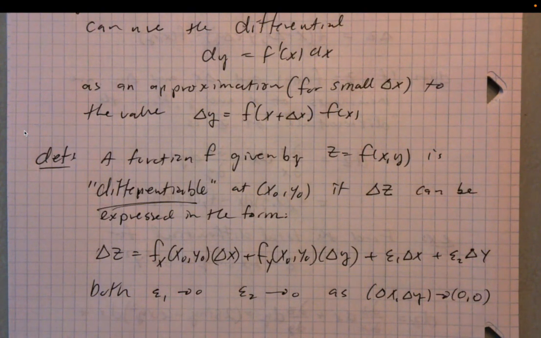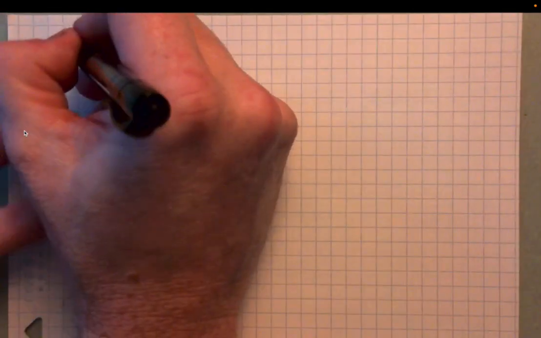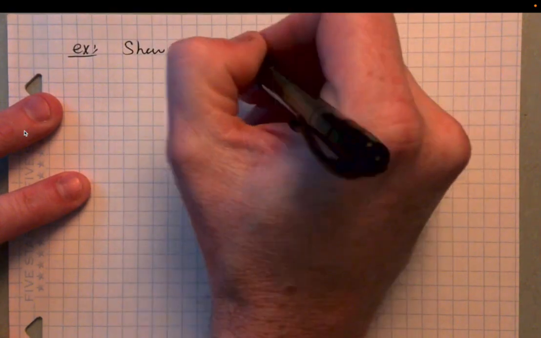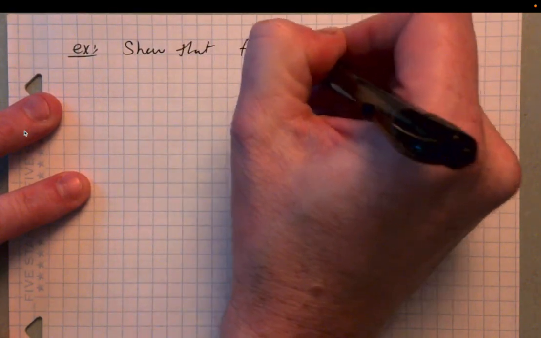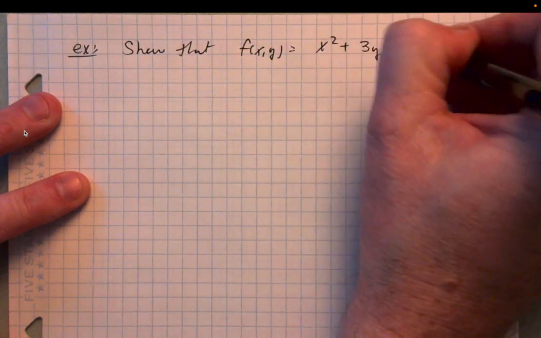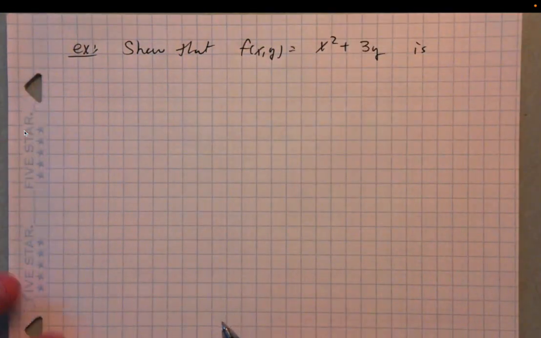Okay. So let's do an example where we show that a particular function is differentiable. Let's show that f of x, y equaling x squared plus 3y is differentiable at every point in the plane.